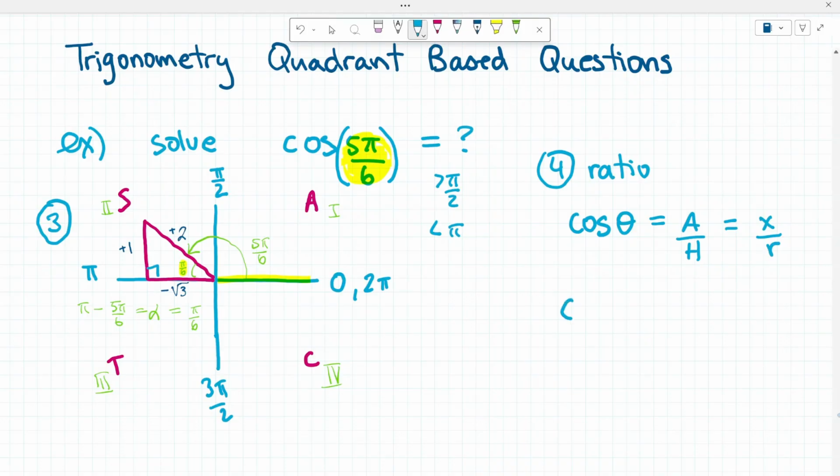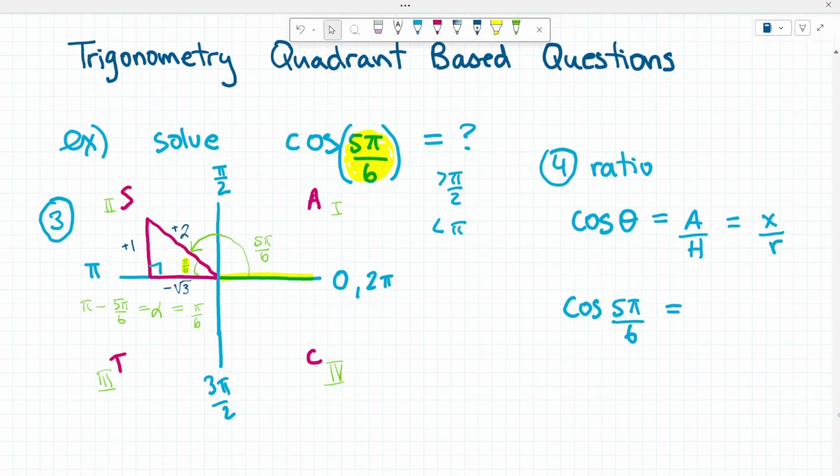So that means we will have cos 5 pi over 6 equals our x value, which is negative root 3, which we grabbed from our triangle, divided by our r value, which is positive 2. And that here is the final answer to this question.